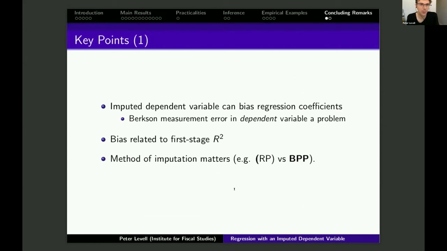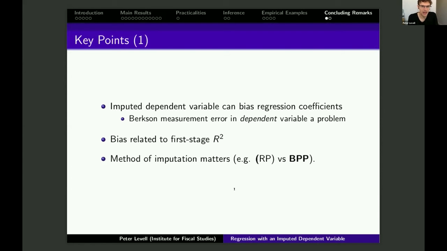So the key points I wanted to get across in this talk: using an imputed dependent variable can bias your regression coefficients. It does that by introducing a Berkson measurement error in the dependent variable, which causes a problem because those errors are going to be correlated with your X variable.